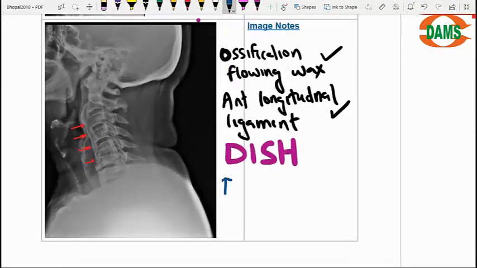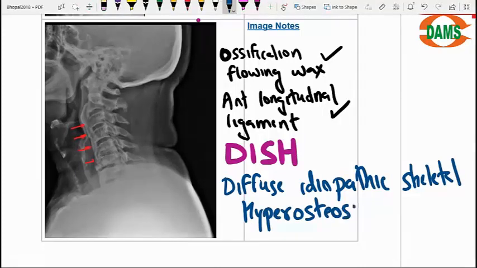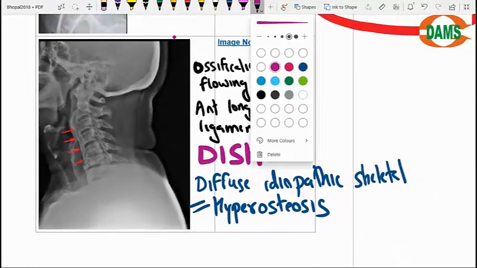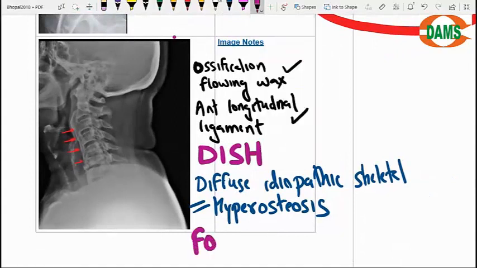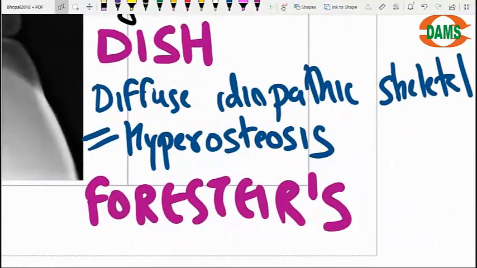DISH is diffuse idiopathic skeletal hyperostosis. Also called Forestier's disease, after the name of the person who described it, also called Forestier's disease.